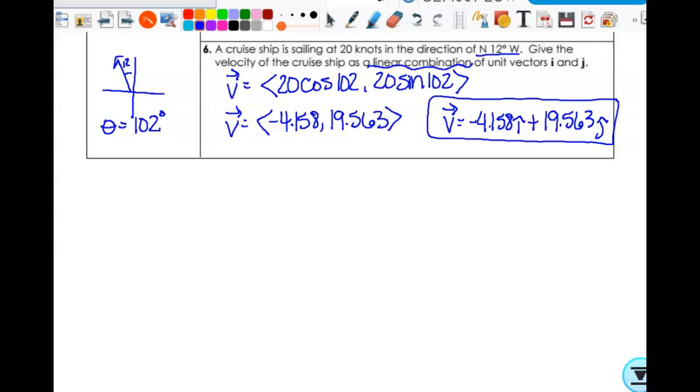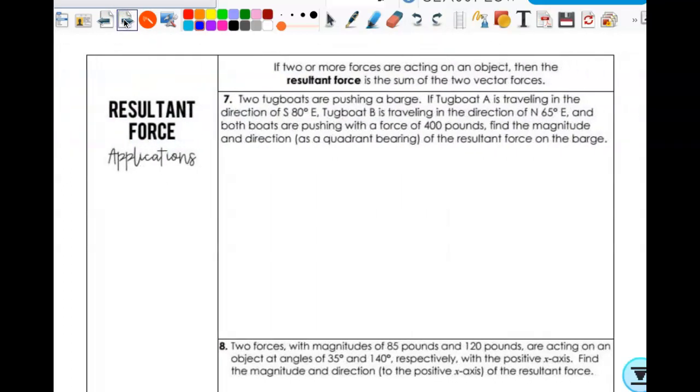There is current, there is wind, there are all kinds of things that could be affecting the direction it's actually going. And so we're going to add some of those forces in there when we flip it over. It says if two or more forces are acting on an object, then the resultant force is the sum of the two or more vector forces.